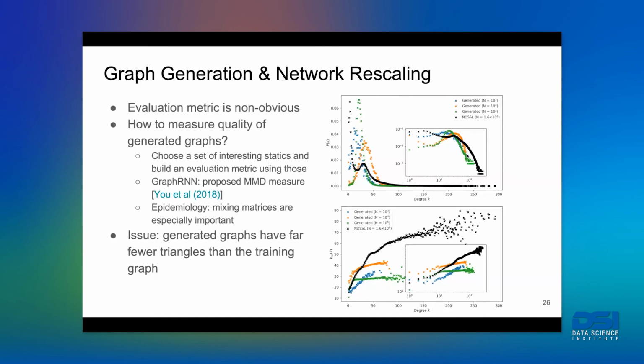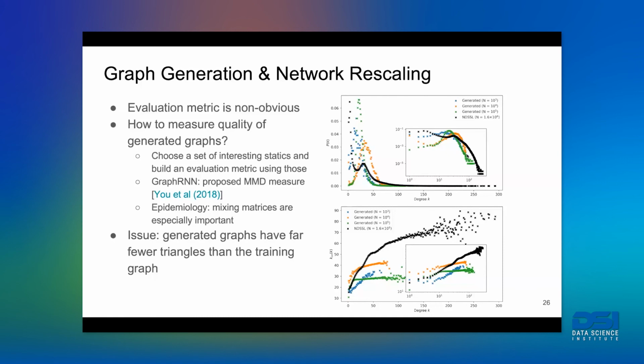Here I'm showing two graphs of results showing you, for example, the degree distribution of the true data in black and then generated data for different size networks in different colors. That's the top graph. And then the bottom graph is a sort of mixing plot where the x-axis is degree and the y-axis is the average degree of the nearest neighbors.